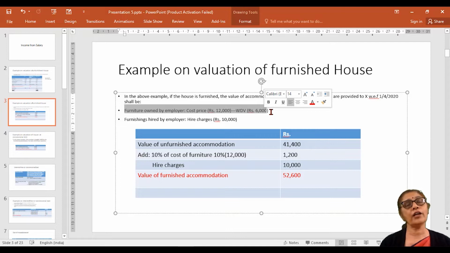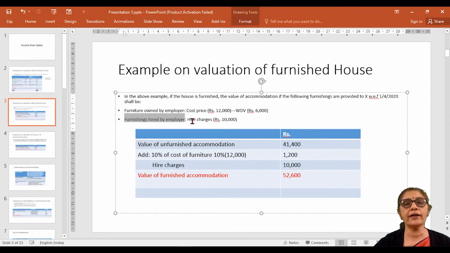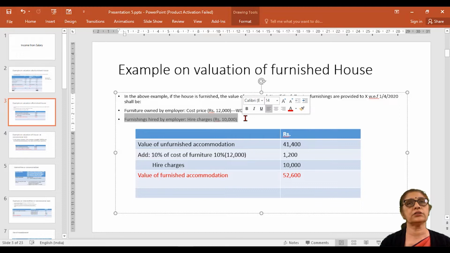But the written down value of the furniture is 6,000. Furniture may have been bought in earlier years and after providing for depreciation, the written down value is 6,000. So we have two things, one cost, two written down value. Additionally, we have furnishings hired by employer and hire charges are 10,000.